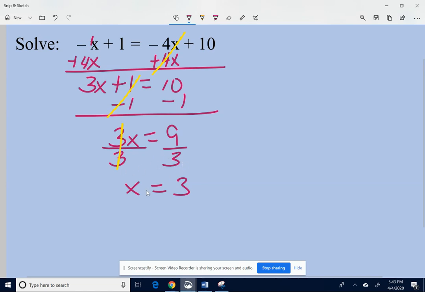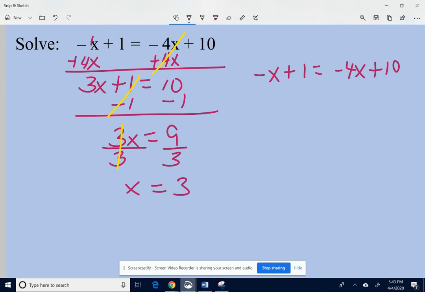Okay, I intentionally got rid of the subtracted 4x. I want to show you what would happen if I got rid of the subtracted x instead. Just want to convince you that it wouldn't have mattered if I did the other way, just like we did on the others.